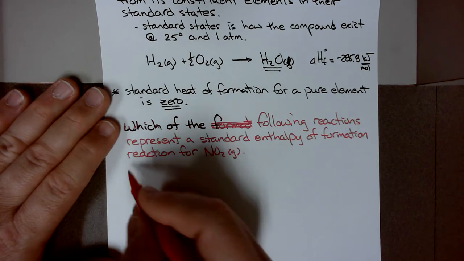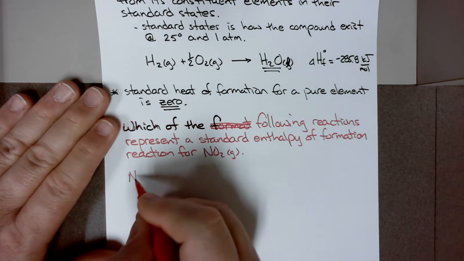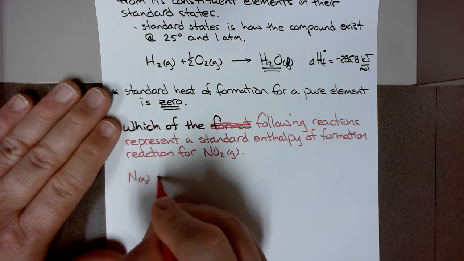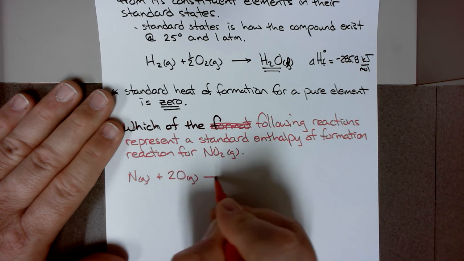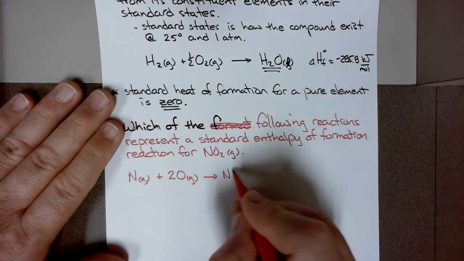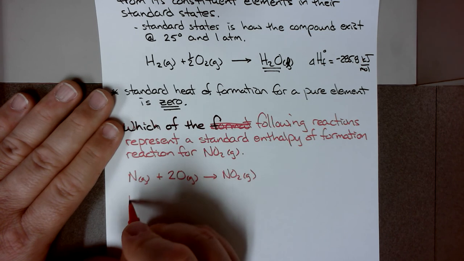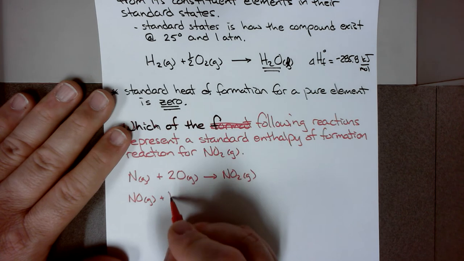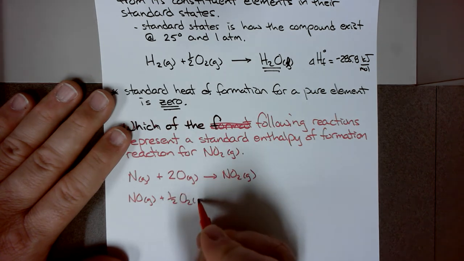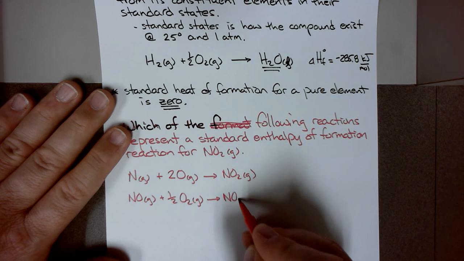So let's say we have N nitrogen gas plus 2 moles of O gas to produce NO2 gas. Then we have this reaction to look at. NO gas plus 1/2 O2 gas produces NO2 gas.